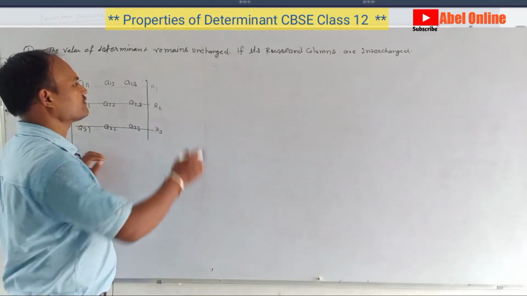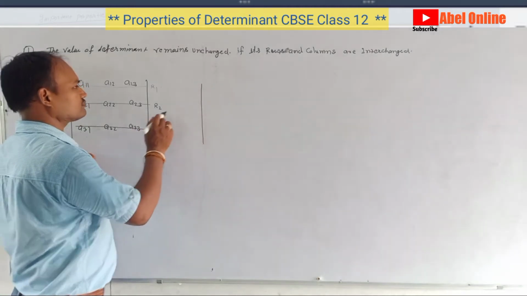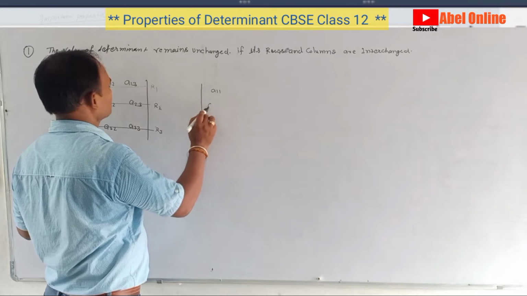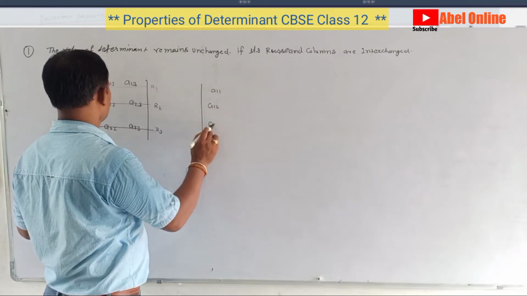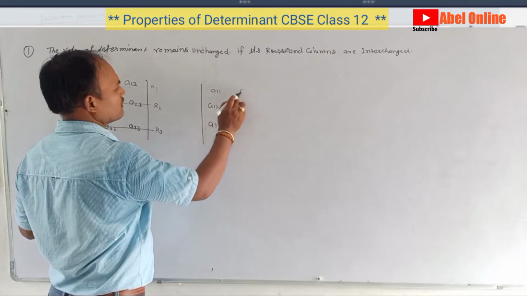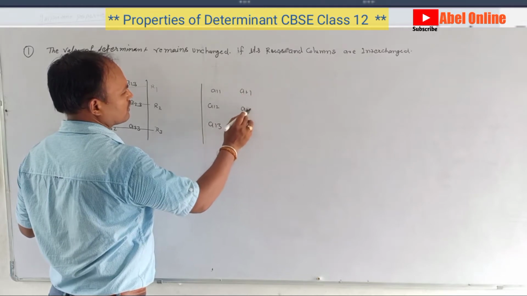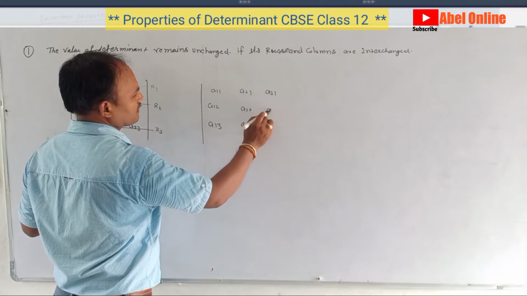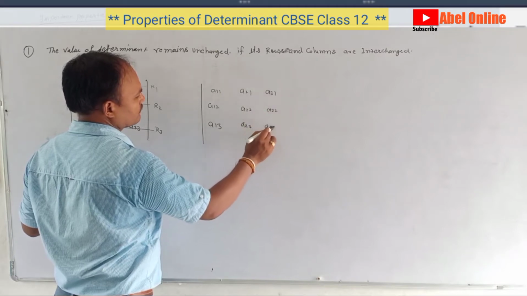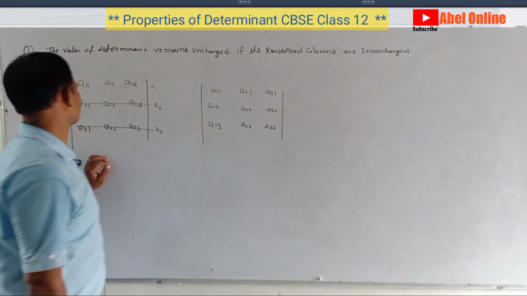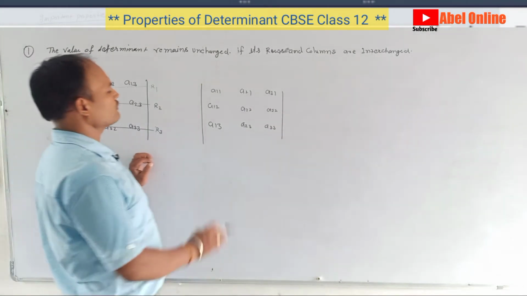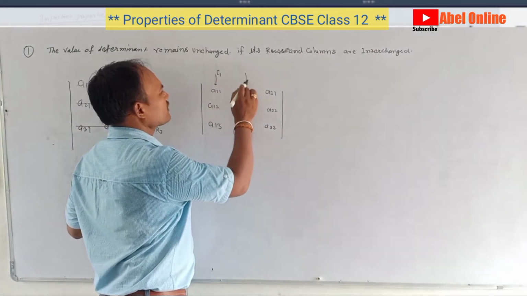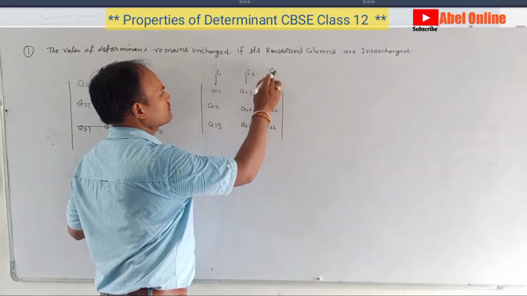Now we convert them to a11, a21, a31, a12, a22, a32, a13, a23, a33. Now we have converted rows to columns: this is the first column, this the second column, this the third column.